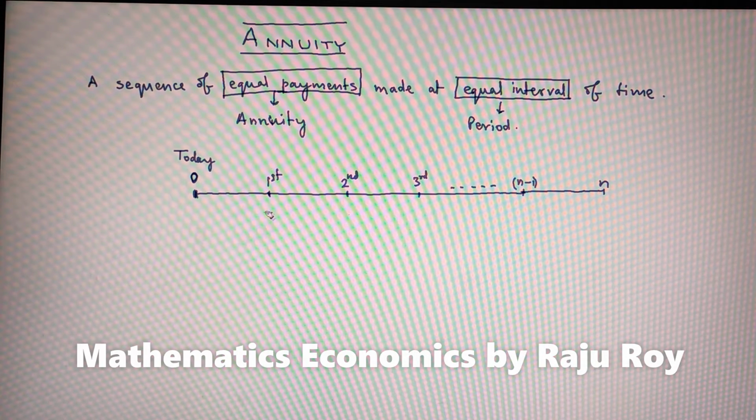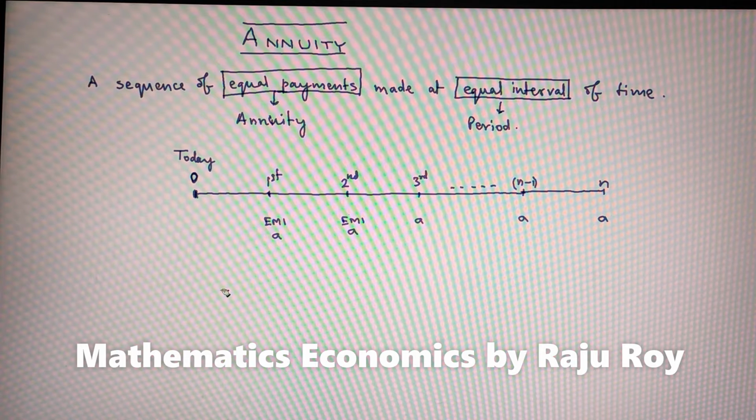Suppose I call it EMI: first EMI, and all these values will be equal. Let me call this value A, here also A, and like that you pay till this.